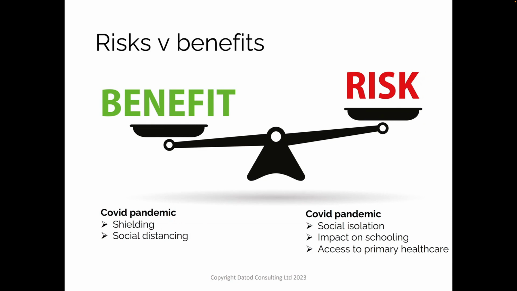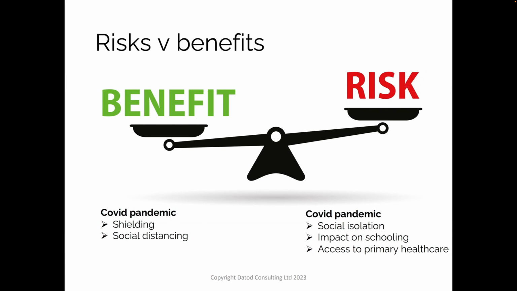You had to be 2 meters apart, and all of that sort of stuff we did a couple of years ago. At the time we felt there was real benefit to the shielding and the social distancing. We now know that there was benefit, but there was also an associated risk that's becoming apparent. During the COVID pandemic, there was a degree of social isolation of individuals as they were excluded from society because they had to shield.